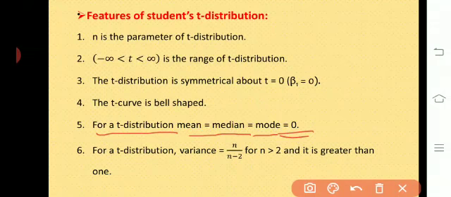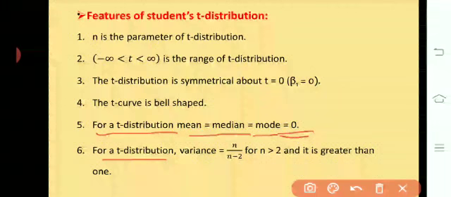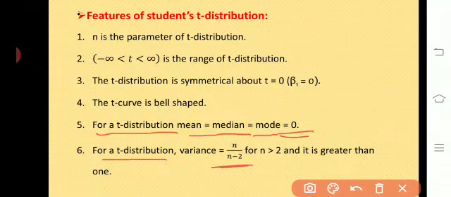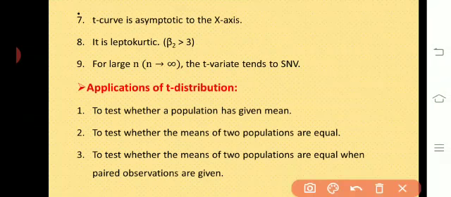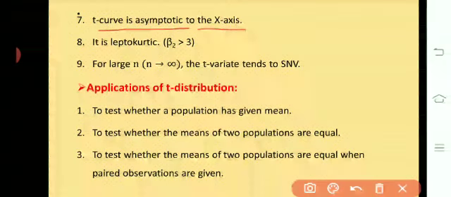The next feature is for a t distribution, variance is equal to n upon n minus 2 for n greater than 2, and it is greater than 1. Then the next feature is the t curve is asymptotic to the x-axis, means it touches the x-axis only at minus infinity and plus infinity.